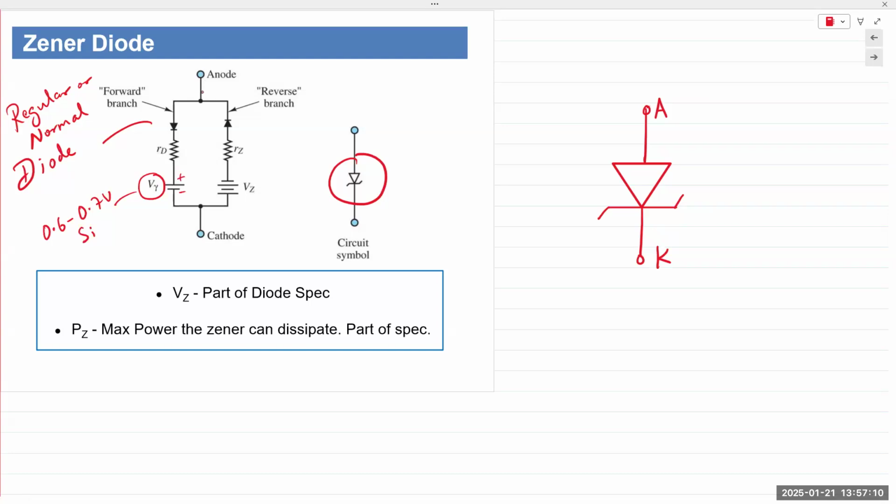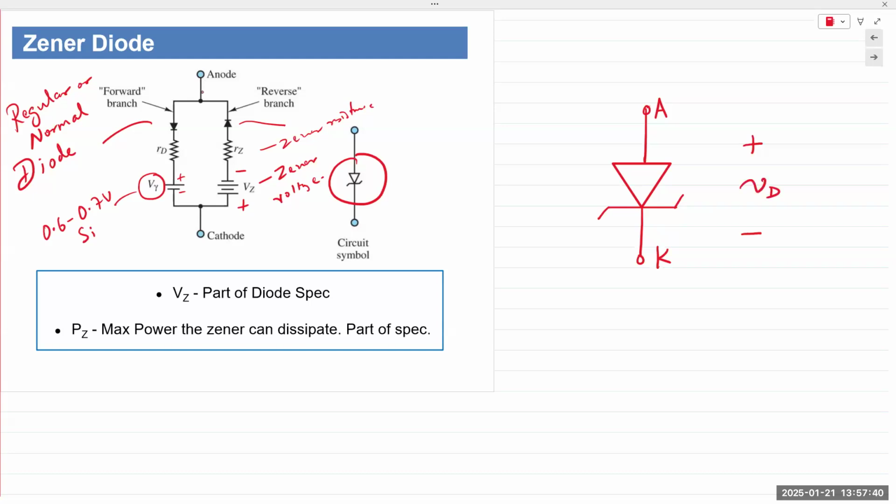In the reverse bias, again, this is the ideal diode. It'll have Zener resistance plus the voltage that it requires to break down. And that is the Zener voltage. Note the polarity of the Zener voltage. A diode voltage is always measured as plus at the anode, minus at the cathode.